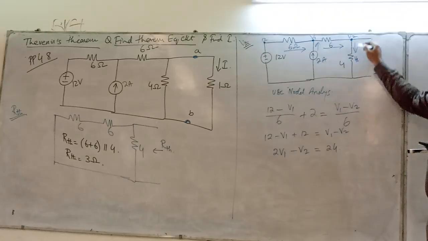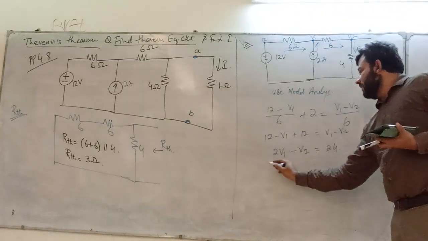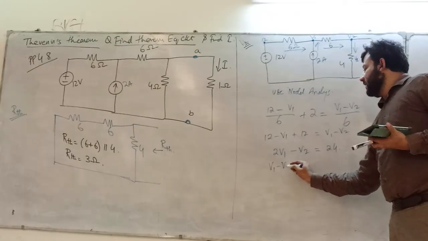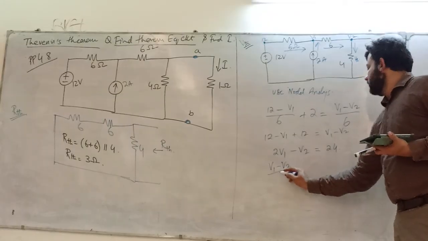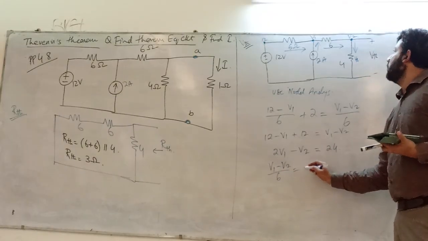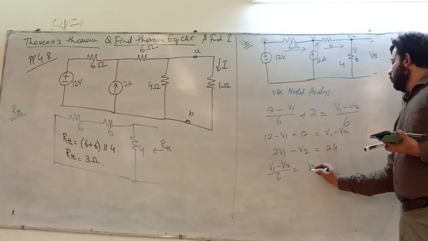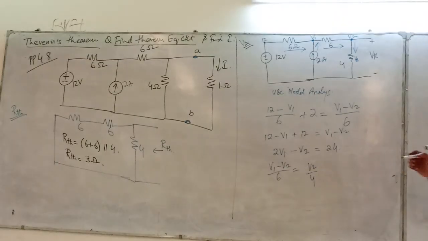Okay. Now apply nodal analysis here. This is coming and this is going. So we will write V1 minus V2 upon 6 is equal to V2 upon 4. So we can multiply by 24.